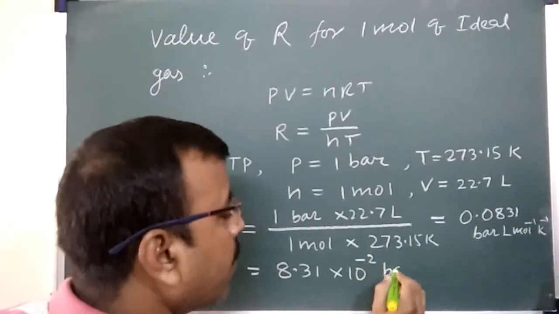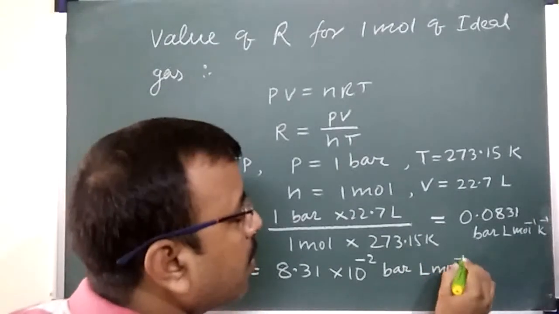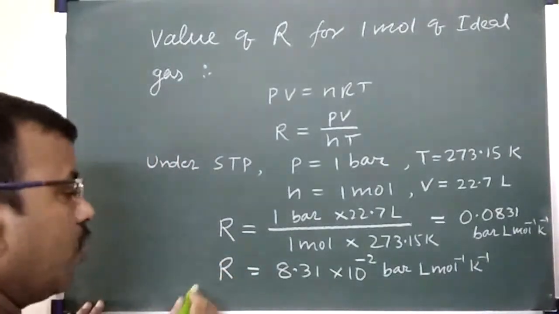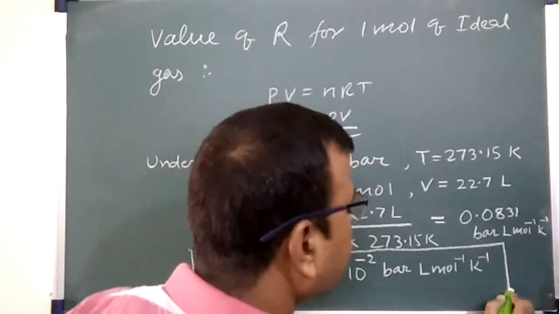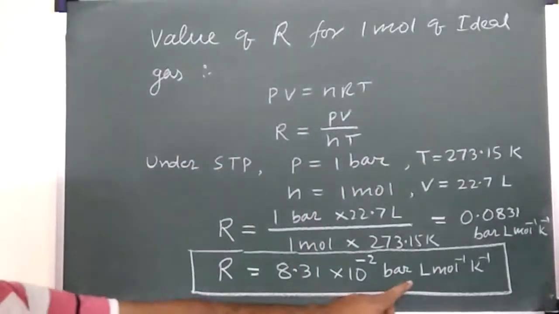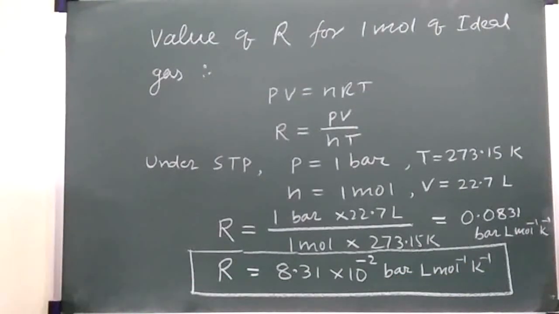Again we can write bar, liter, per mole, per Kelvin. This is the value of R. So you note it down. Here we have the value of R in terms of bar, liter, per mole and per Kelvin.